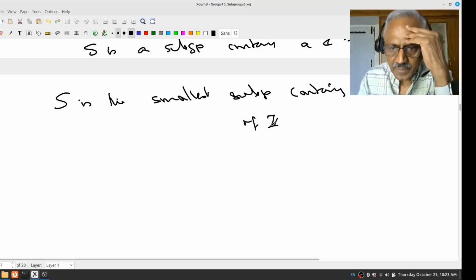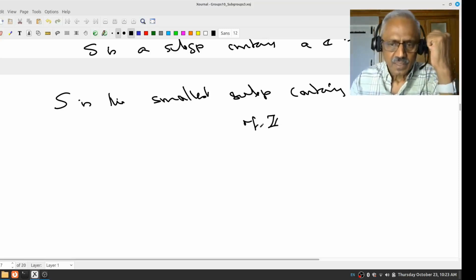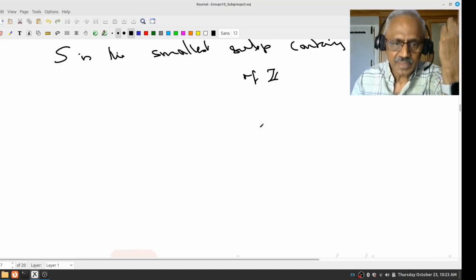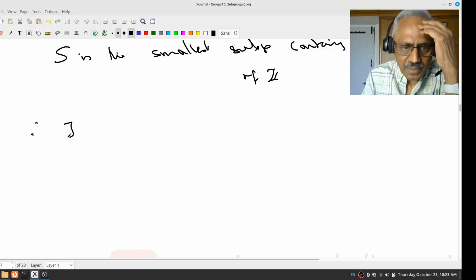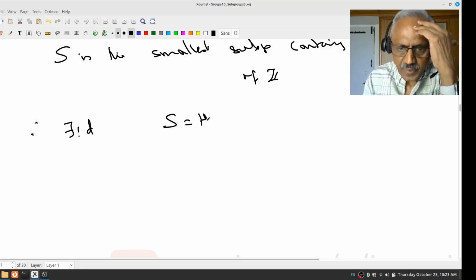Of Z. But I know what all the subgroups of Z are. Therefore, there exists a unique D so that S is equal to H_D. What is H_D?